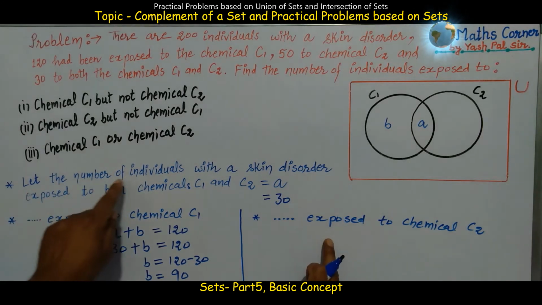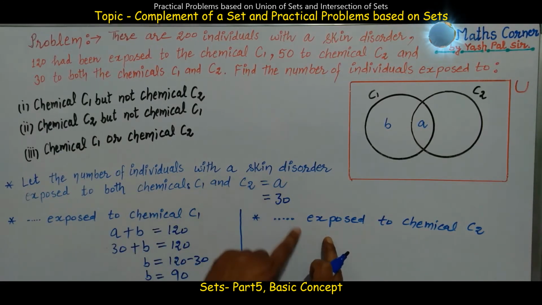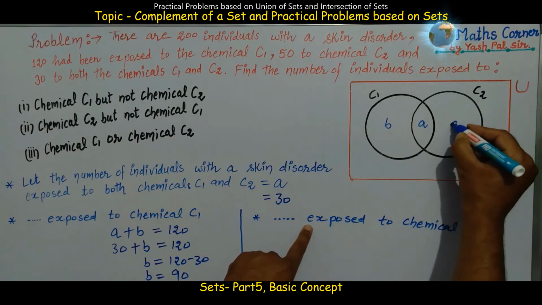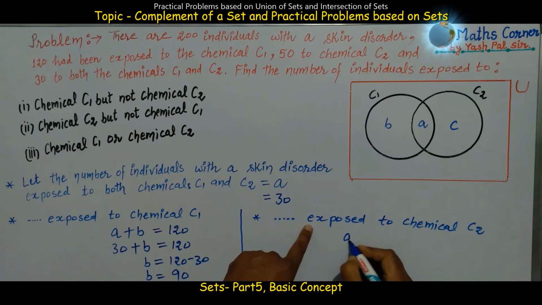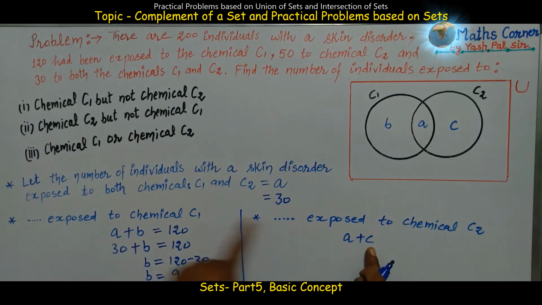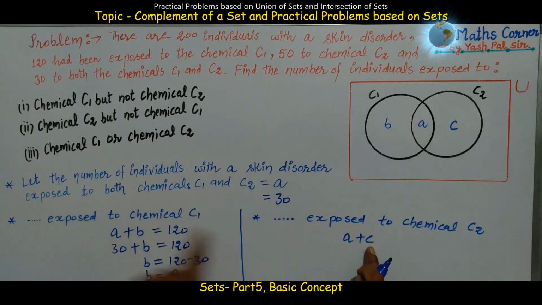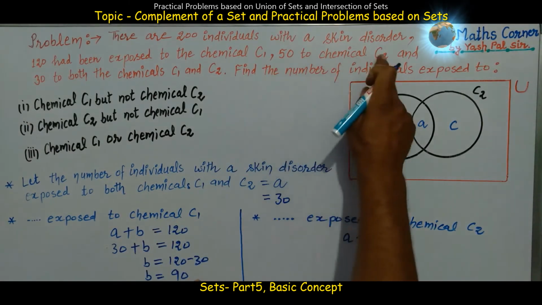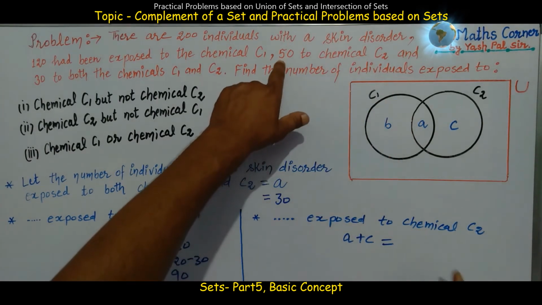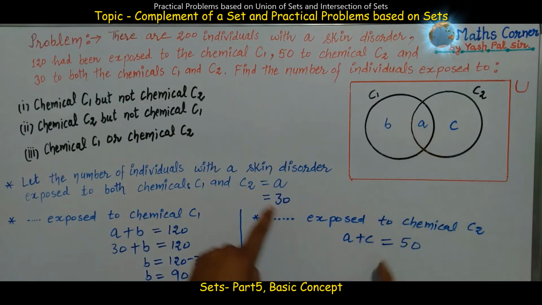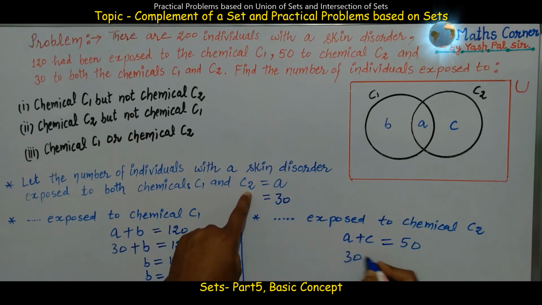Similarly, the number of individuals with a skin disorder exposed to chemical C2. Suppose this is C, and we write here A plus C. This represents the number of individuals with the skin disorder exposed to chemical C2, and this is given in the statement to be equal to 50, and already the value of A is taken as 30. 30 plus C is equal to 50.